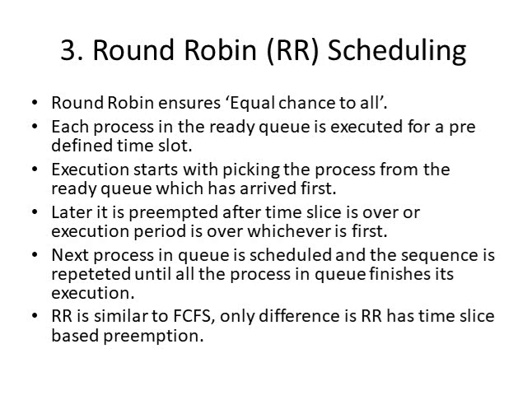Now let us say that the execution is beginning. Generally, the processes are picked from the ready queue in the order of arrival, so it is on a first come first serve basis. The execution starts with picking up the process that has arrived first in the ready queue.